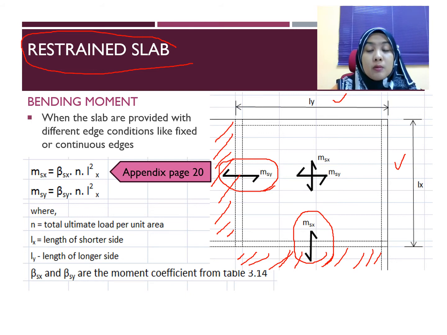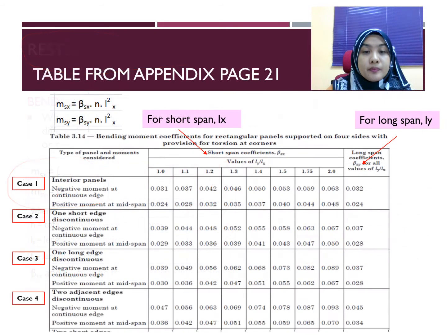To get the bending moment for a restrained slab, we use a table in appendix page 21. The formula is given as this one, where we have two formulas, Msx equals beta sx n Lx squared, or Msy equals beta sy n Lx squared. For beta, we get it from table 3.14 in appendix page 21.